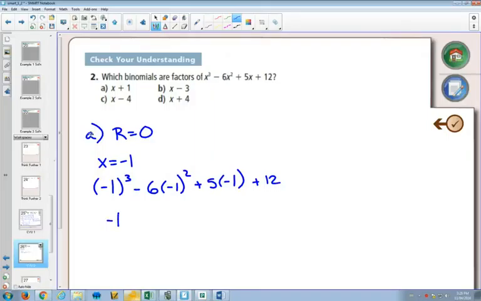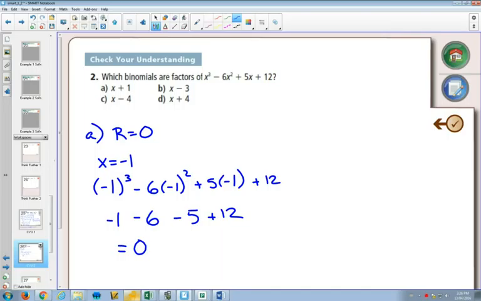This will be -1 minus 6 minus 5 plus 12 equals 0. So as far as mental math goes, that actually was pretty easy. And here the remainder theorem might be quicker than synthetic division.